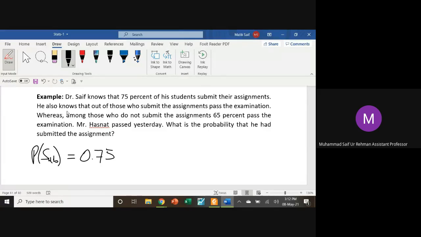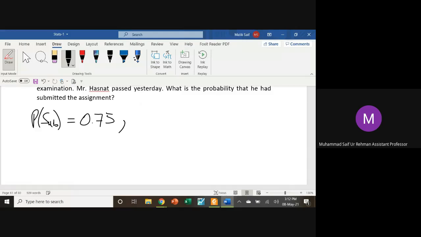Before moving onward, if 75% are submitting, what percentage of students are not submitting the assignment? Yes, 25%. Simple. So if you write SUB for submission, you may write NSUB for not submitting the assignment. Or you may write A, B, C, whatever event you want to define. I have defined N sub as the event that students did not submit the assignment.